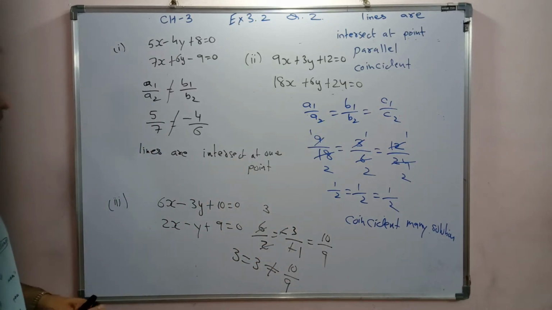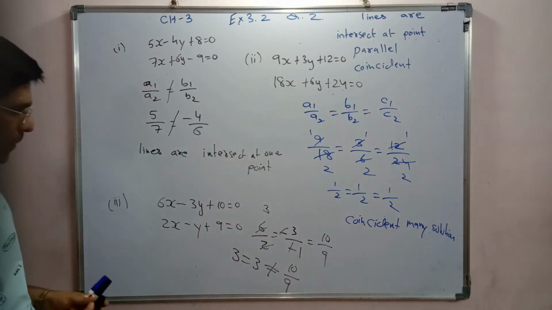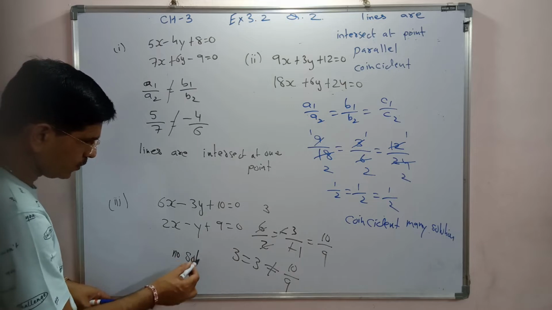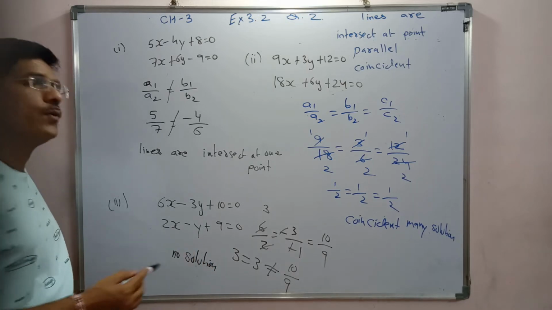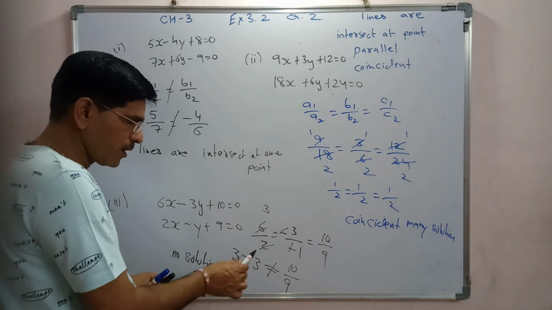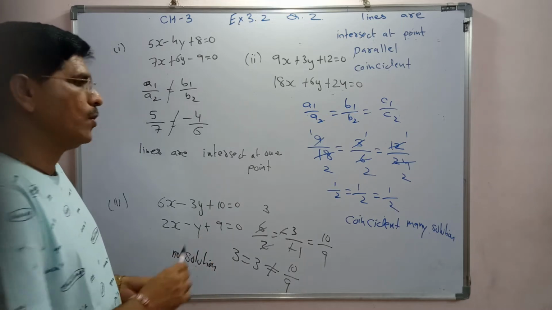So this condition is satisfied when lines are parallel. Lines are parallel, it means no solution. So remember that when a1 upon a2 is equal to b1 upon b2 and not equal to c1 upon c2, there is no solution.